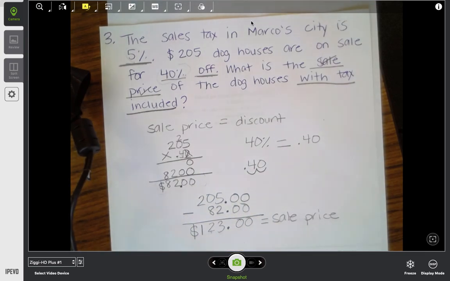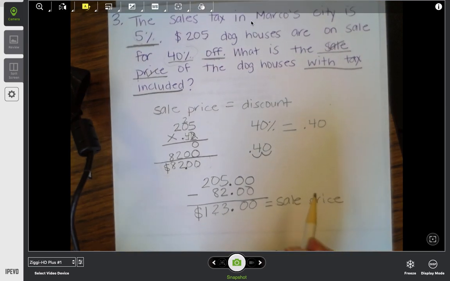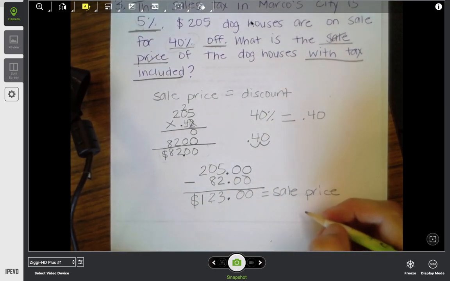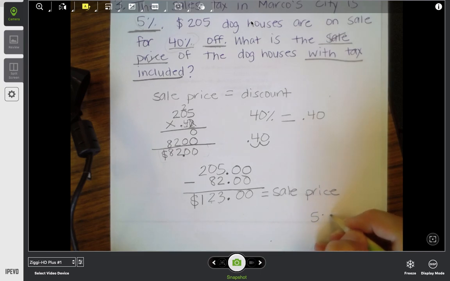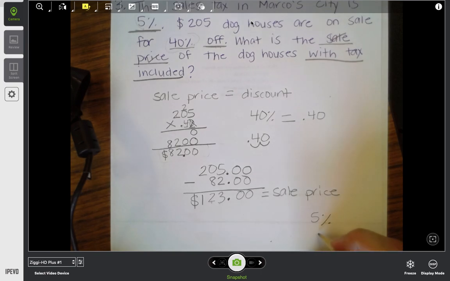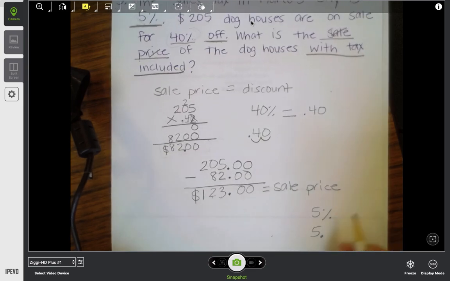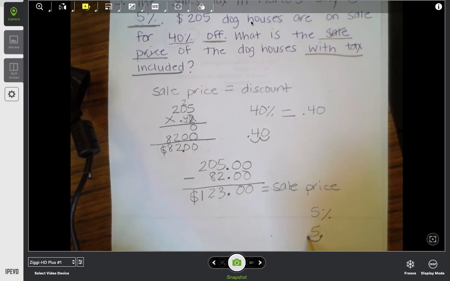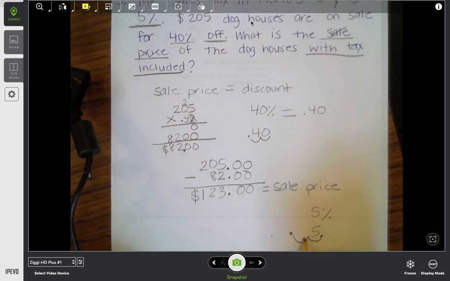And remember, when you're finding part of a whole, the operation that goes along with that is multiplication. But before I can multiply, I have to change the percent to a workable decimal. To change a percent to a decimal, I move the decimal to the left 2 times. There's a hole right here, so I can put a 0. So 5% as a decimal is 5 hundredths.